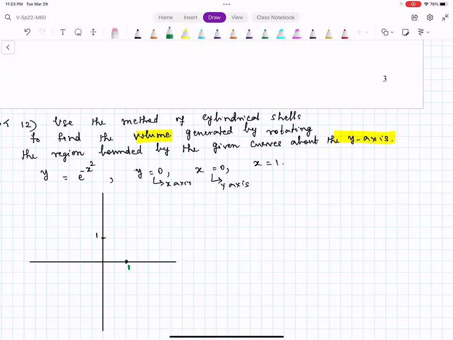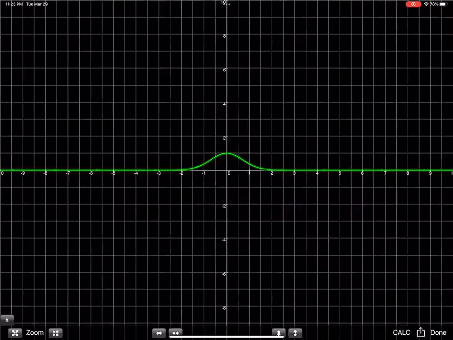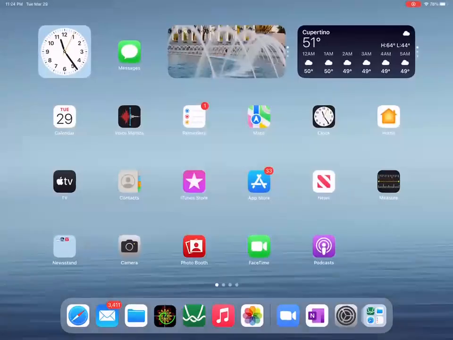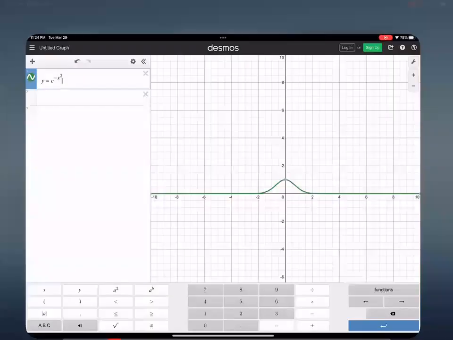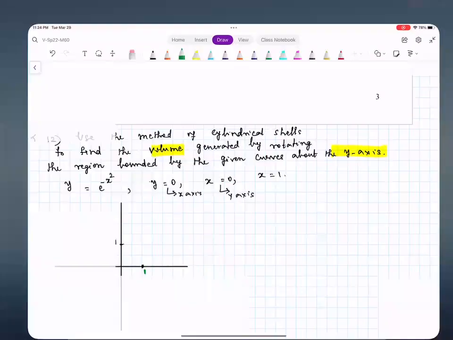If you look at this graph, the x-axis looks like a horizontal asymptote. It's going closer to 0, but at 1 it has some height. We are interested only in that part of the graph from 0 to 1, so we have to make sure that we give some height at the point 1 in our graph.